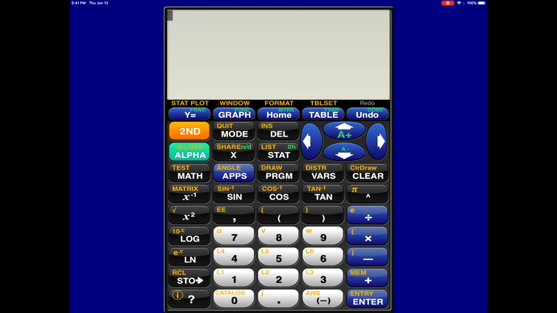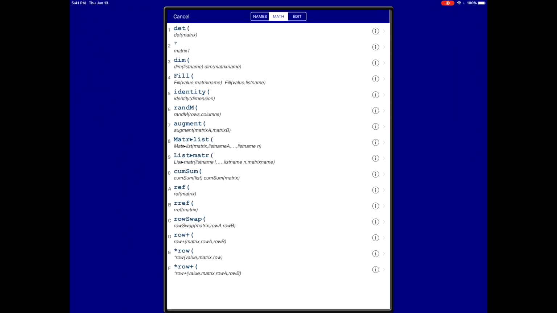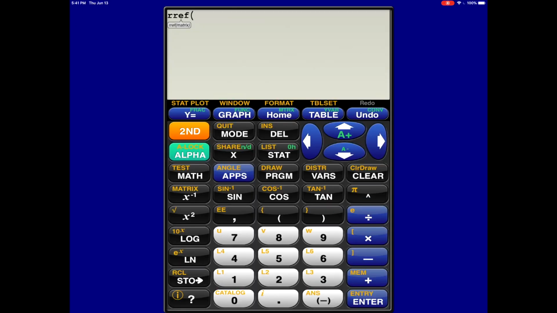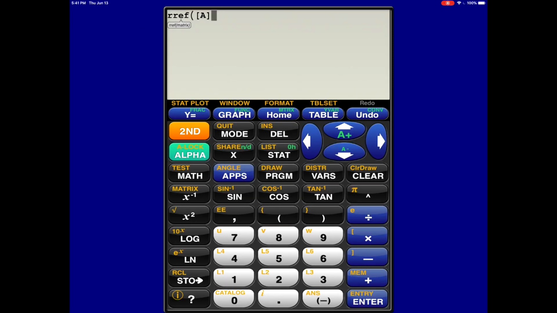Quitting out of the matrix, I go back into the matrix menu, and then I go to math, and my RREF is down here. Then I go second matrix and decide which one I'm doing the math on. So that's our matrix A. When we do this, we get the following matrix.